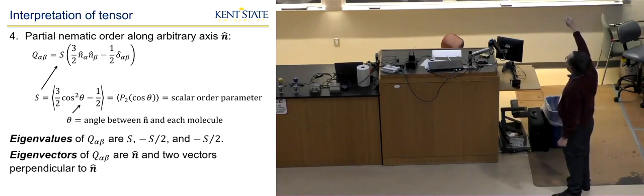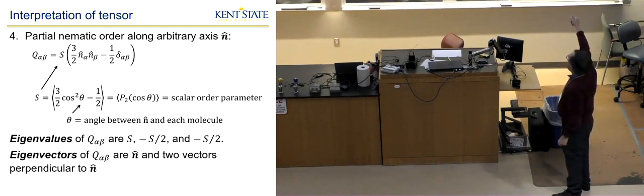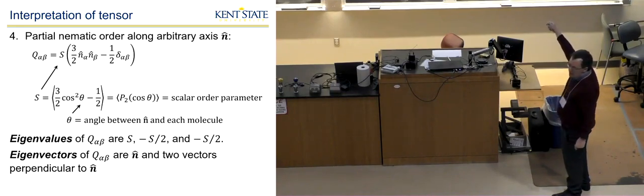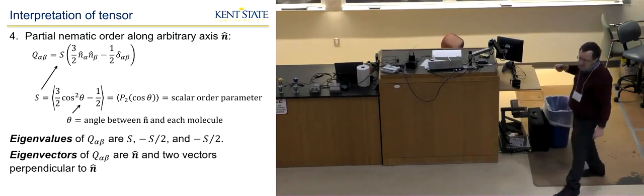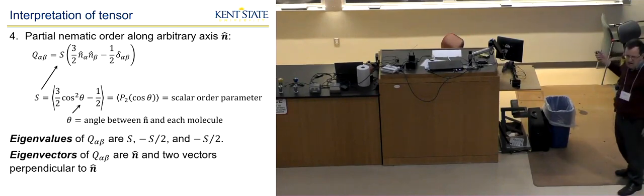In that case, the Q tensor is the tensor product of n alpha times n beta, times 3/2, minus half the identity, and all of that multiplied by this scalar order parameter S, which means how well the individual molecules are aligned with the n-axis.